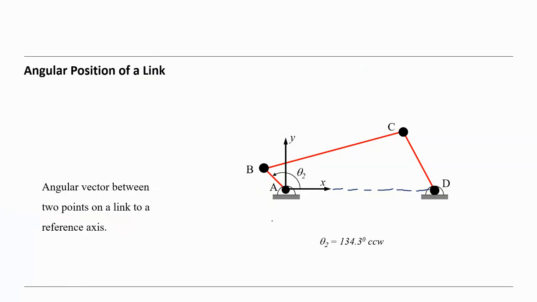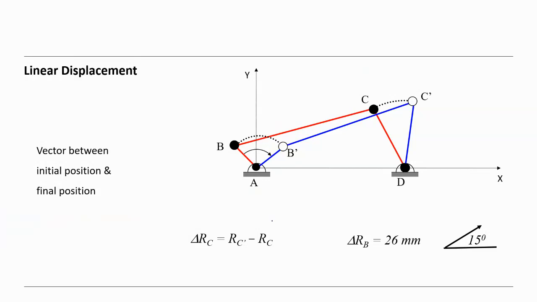Okay, so then linear displacement. So displacement from a point to the others, so a point moves from, I lost the cursor. So linear displacement vector between initial positions and final positions.